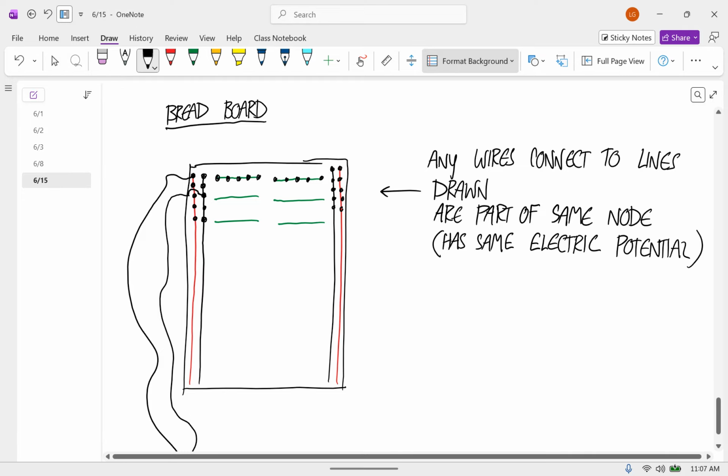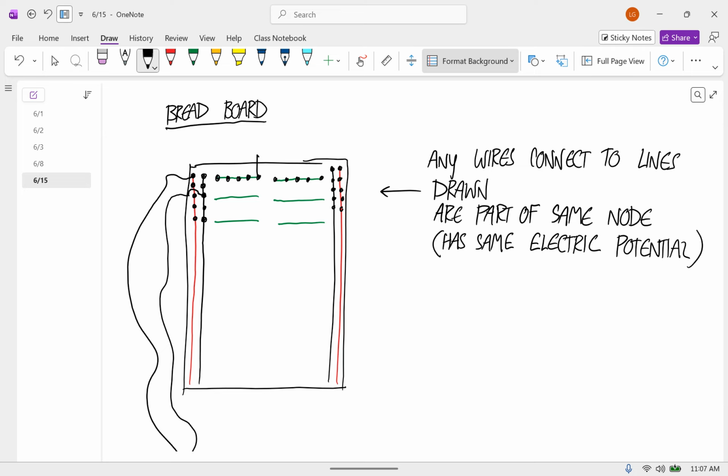And then I can take my resistor and plug it in here, for example. And I'm going to go from the positive rail to the node that has this side of the resistor on it. And I'm going to go from the other terminal of the resistor to the negative power rail.